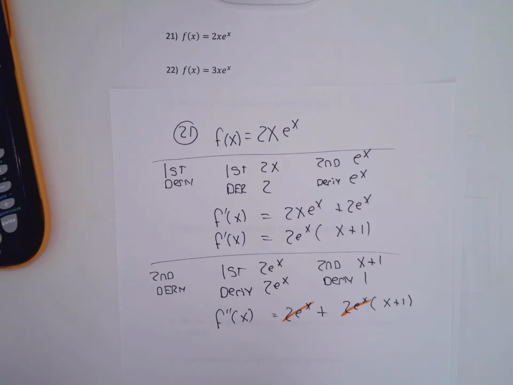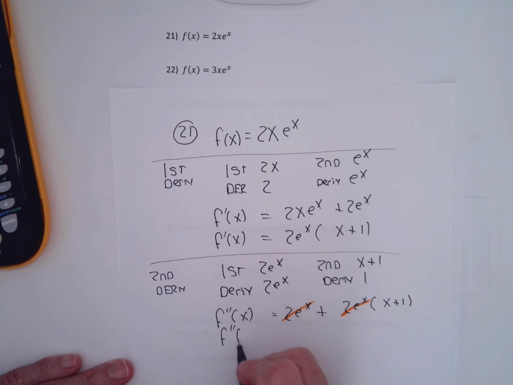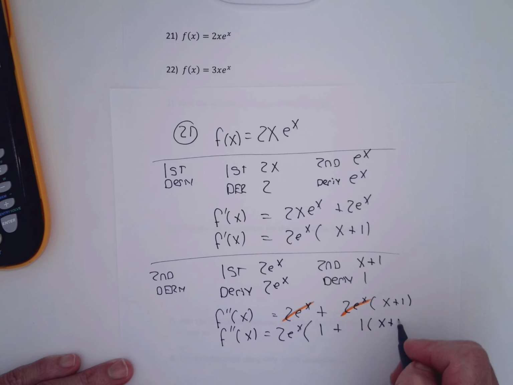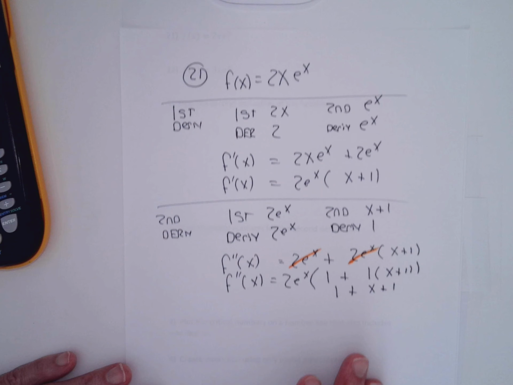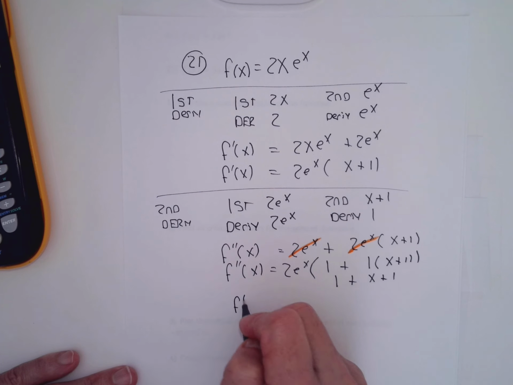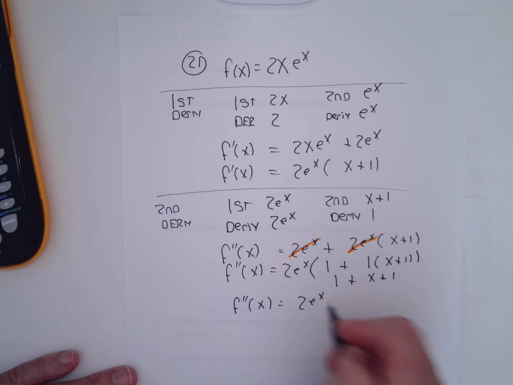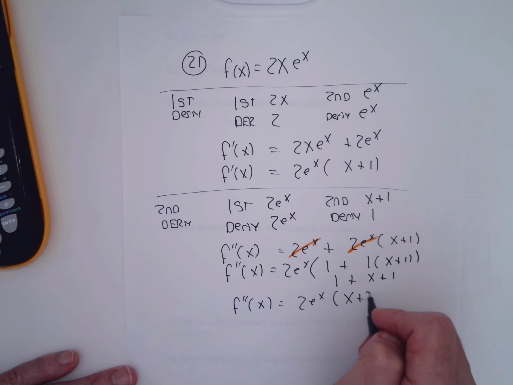And I'm going to say second derivative is 2e to the x, parentheses, this first e to the x turns to 1, the second e to the x turns to 1. And this gives me 1 plus x plus 1 inside my parentheses. So for problem 21, your homework problem, the second derivative is 2e to the x times x plus 2.